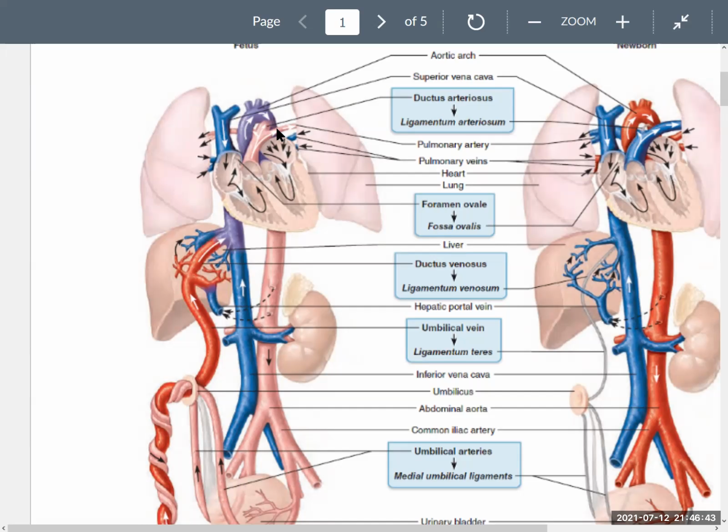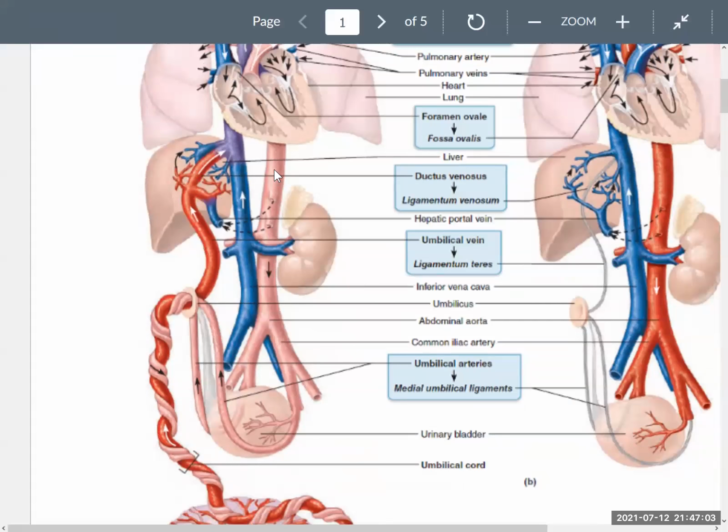Okay, so the blood flowing into here from the pulmonary trunk immediately goes into the aortic arch, and now it goes down in the abdominal aorta, which properly enough is shown in pink, oxygenated. Here's the aorta.